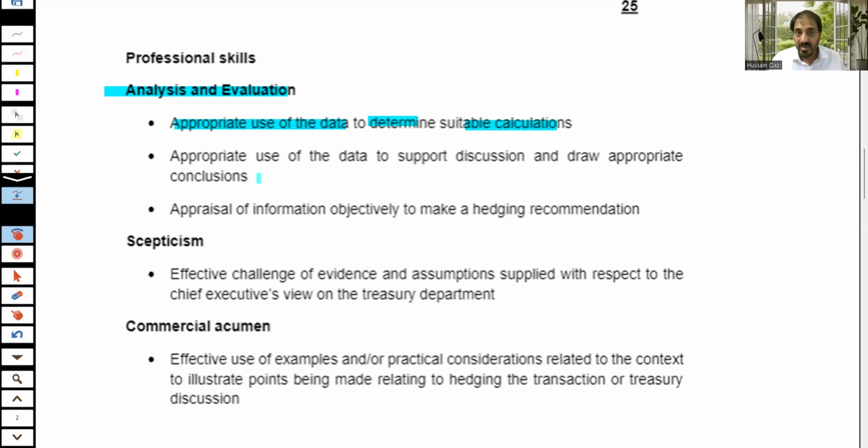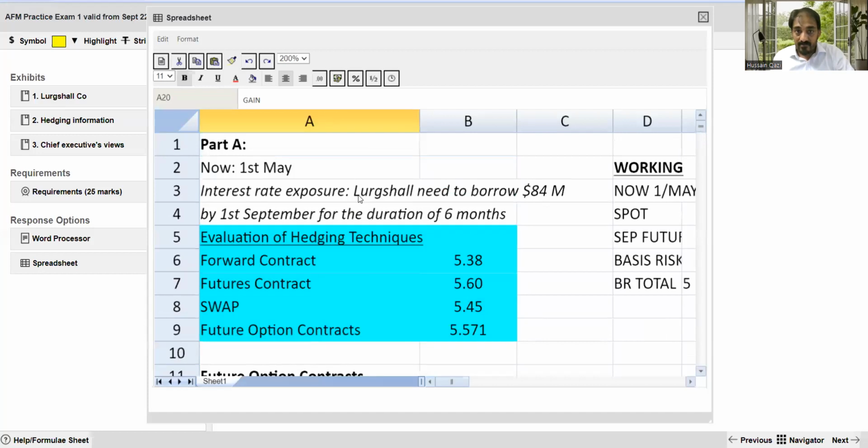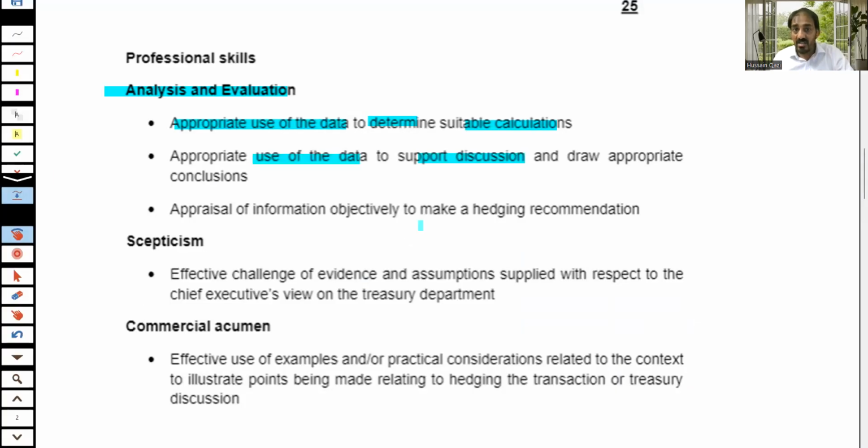How? Number one, appropriate use of the data to support discussion. Whatever you have done within the question, use this information for the discussion, and then make a discussion and have an appropriate conclusion.